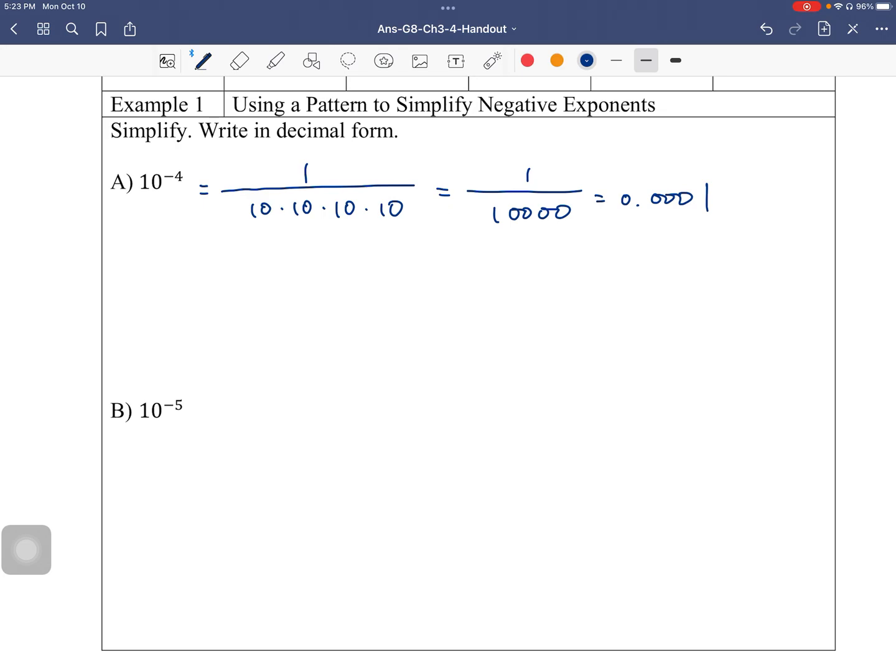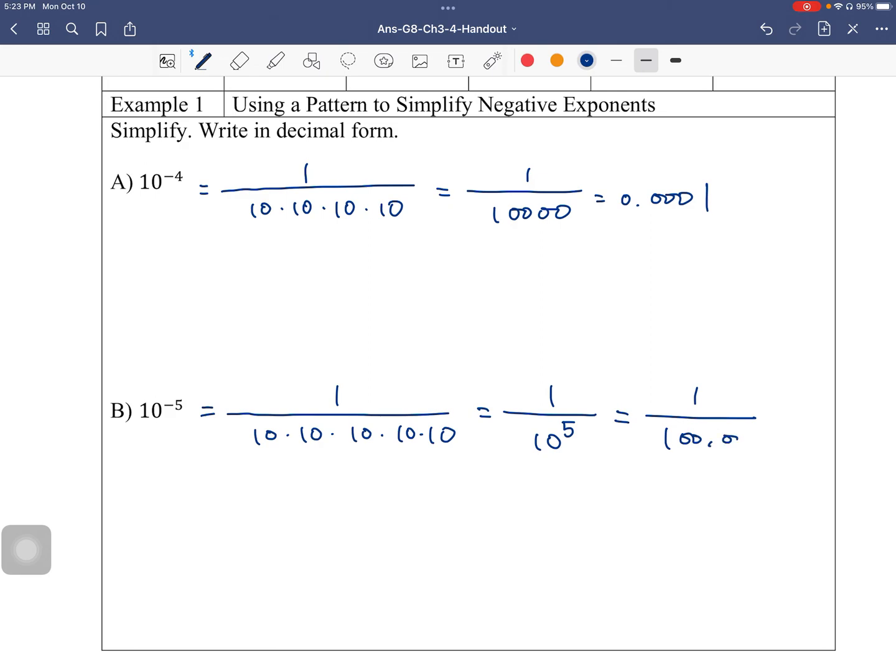Okay, 10 to the power of negative 5 equals 1 over 10 times 10 times 10 times 10 times 10, which equals 1 over 10 to the power of 5, which equals 1 over 100,000, which equals 0.00001.